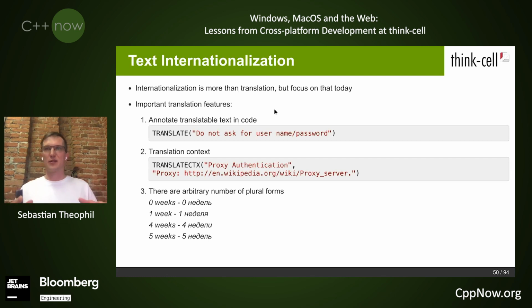That annotation needs to support a context that you can send to the translators so they know what you're actually talking about. And the last point is that languages are very different, and your translation tool should not make many assumptions about languages. For example, while preparing this talk, I learned that Russian has a different number of plural forms than English or German, depending on which number of things you have.